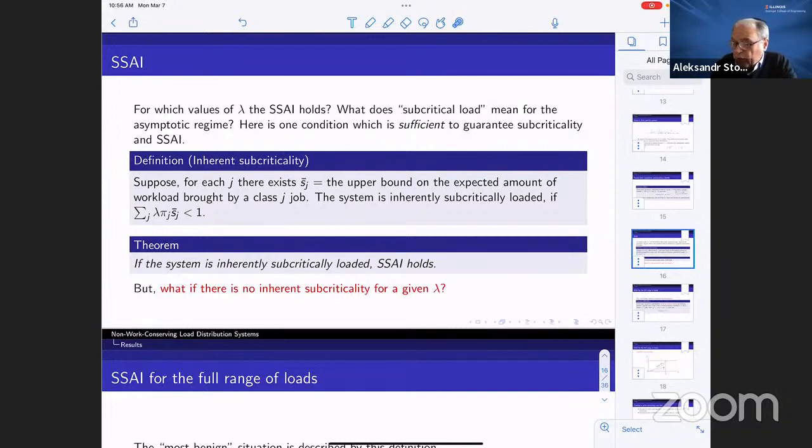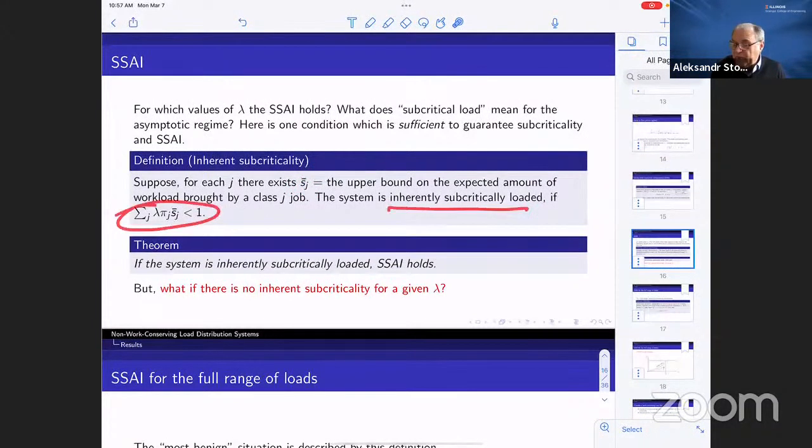There is one condition which is sufficient for the Ansatz to hold, and we'll call it inherent subcriticality. And it's like this. Suppose for each class j, there is some number Sj bar, which is an upper bound on the expected amount of work which this job will bring, regardless of the state of the system. So no matter what set you select, no matter what workloads are on that set, the average amount of work will be upper bounded by this. Then the system is inherently subcritically loaded.